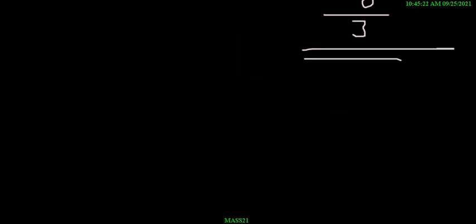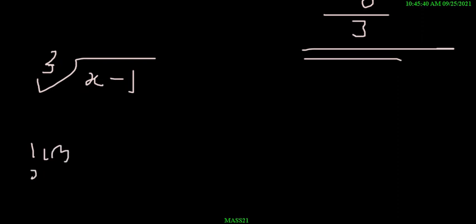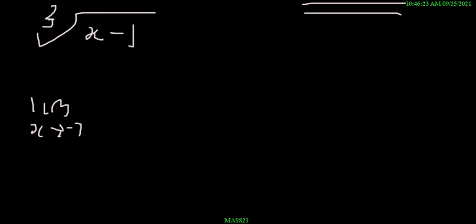Then we go over to the roots. The cube root of 3x minus 1. Remember, this is equal to the limit as x approaches -7, and it specifies that it only wants the values of x approaching -7 from the left side.